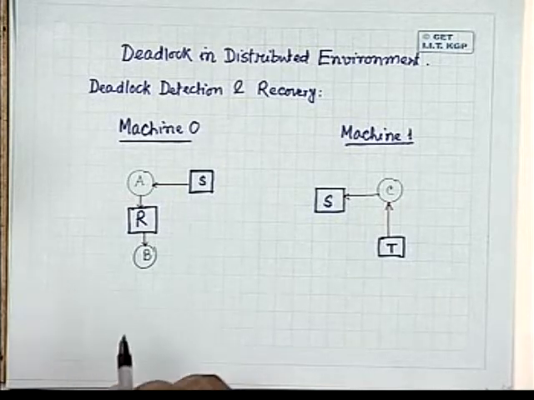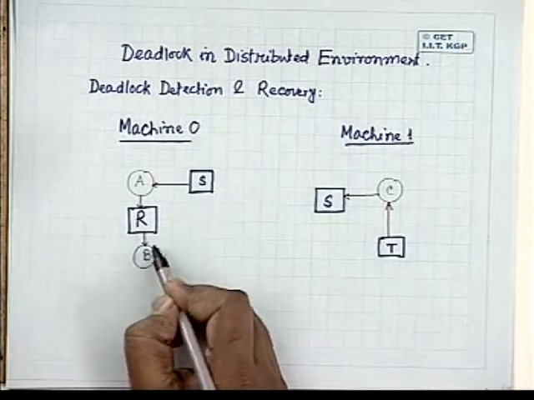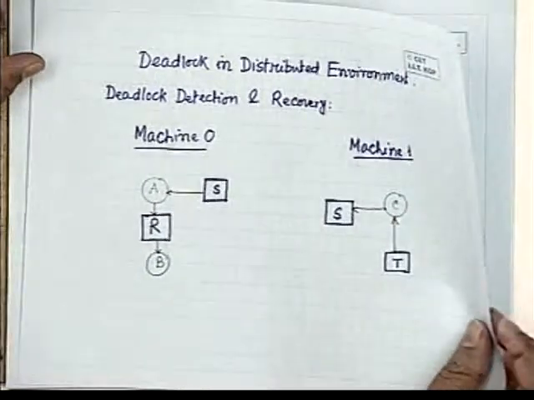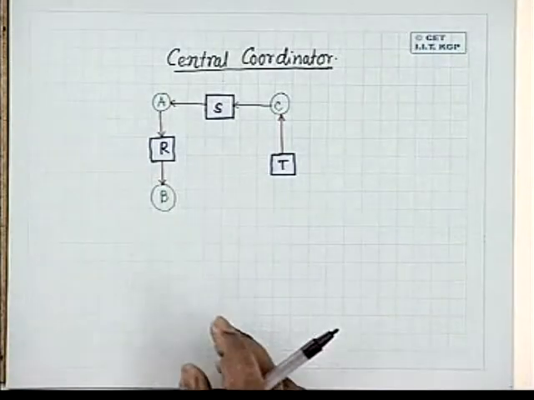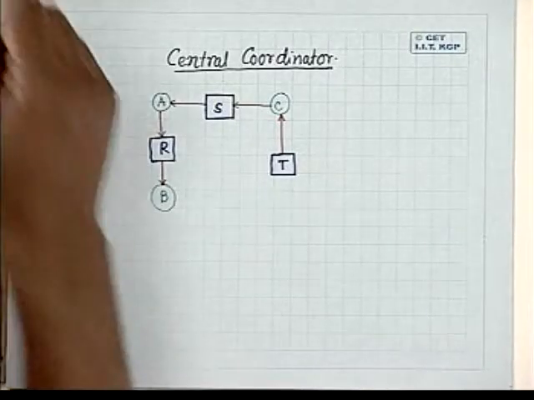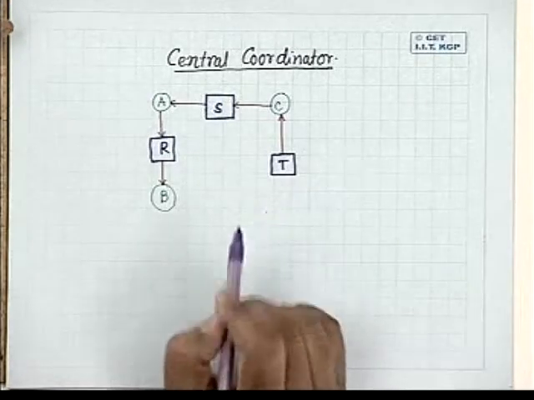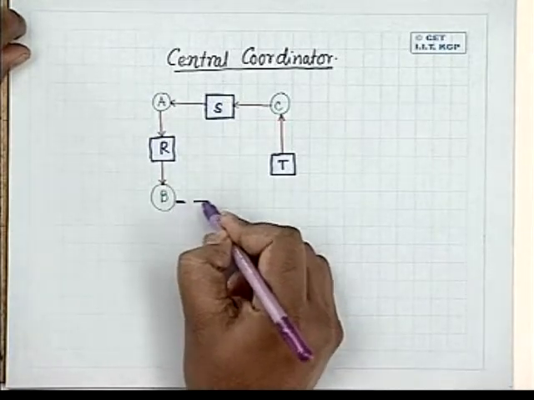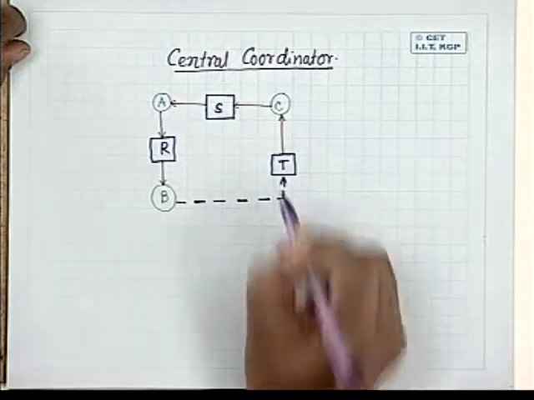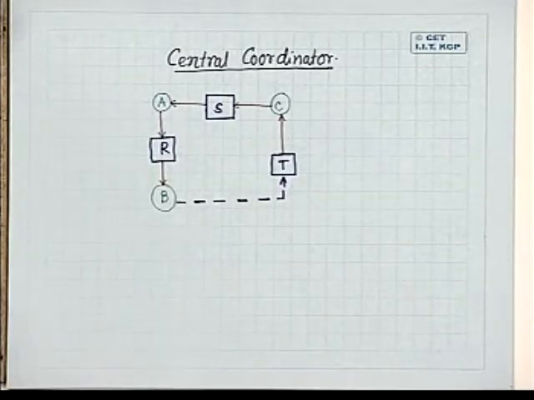So in such a case, while updating the global resource allocation graph, what will the central coordinator do? Because it has got the message from machine number 1 first, it will simply make a request edge from B to T. And now the central coordinator finds that there is a cycle.